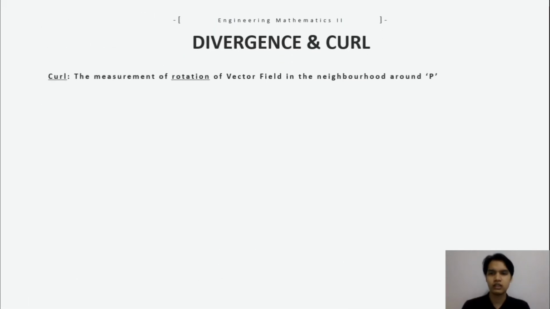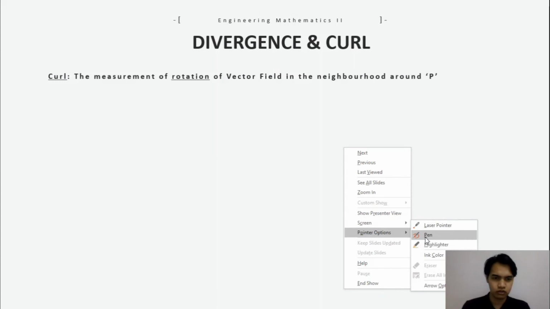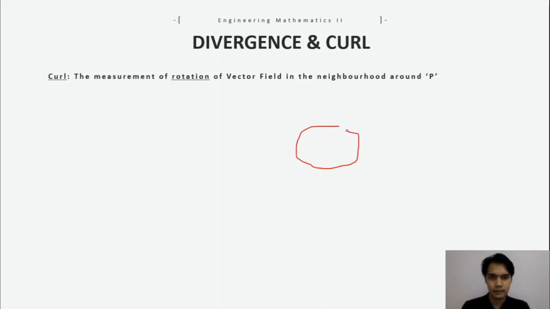For curl, curl is the measurement of rotation of a vector field in the neighborhood around P. The vector field that comes in will make a rotation because they have different values.